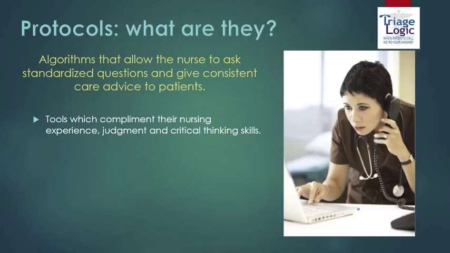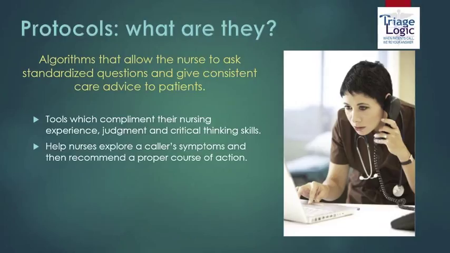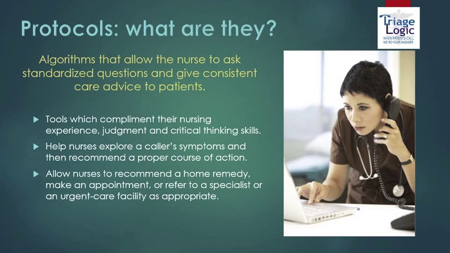The nurse must also rely on her past nursing experience, her judgment, and her critical thinking skills. This advice is targeted and specific based on the patient's symptoms and the disposition that was chosen. Protocols can also allow the nurse to recommend home remedies, make an appointment, or refer to a specialist or an urgent care facility as appropriate.